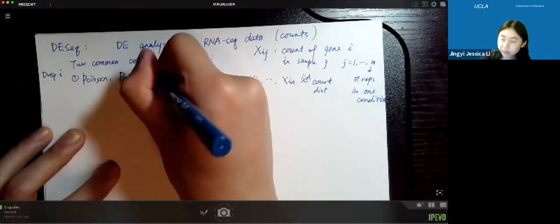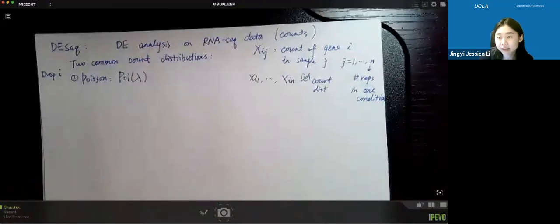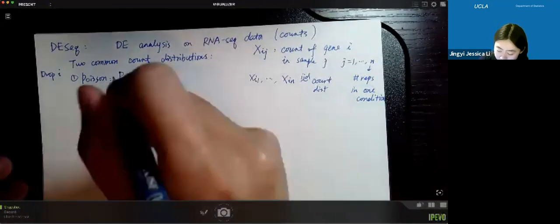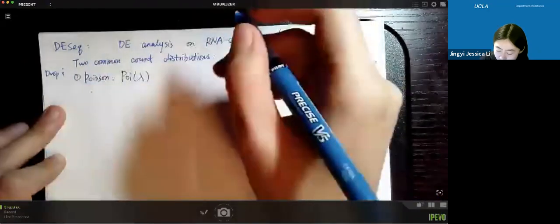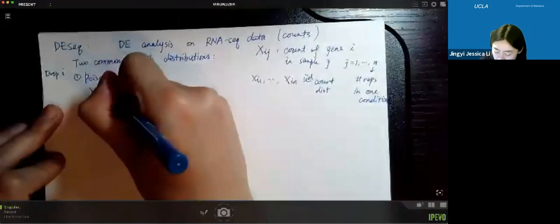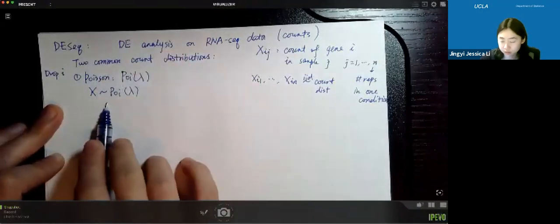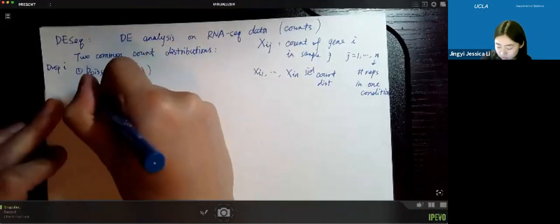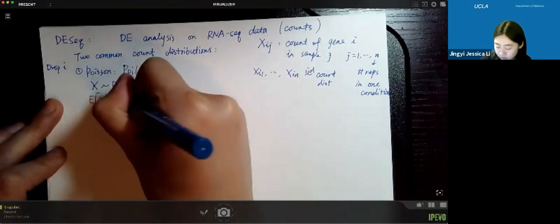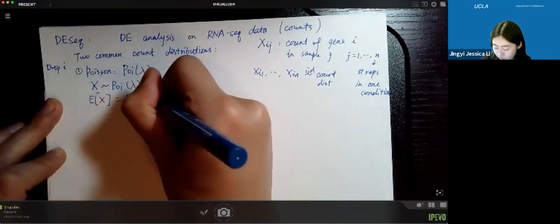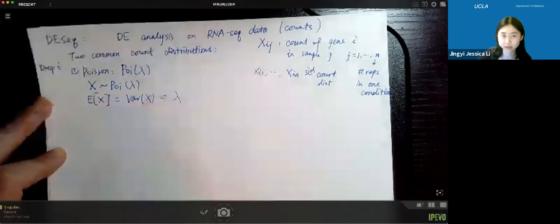It has only one parameter, lambda, and this lambda is so special. It is equal to both the mean and the variance of a random variable that follows this Poisson. So a very special property of the Poisson distribution is that mean equals variance equals lambda.